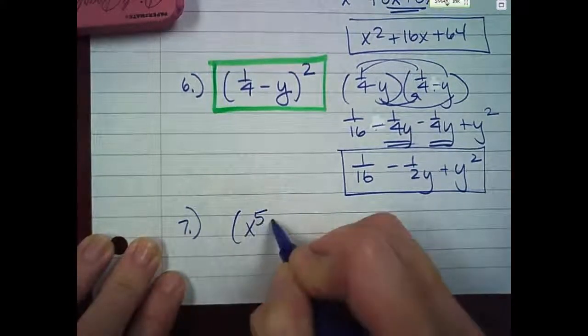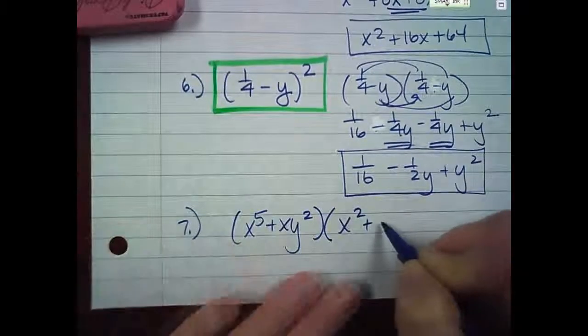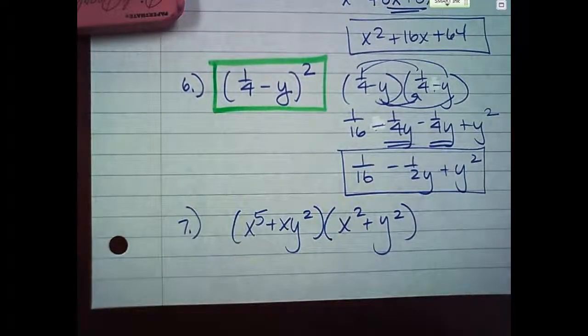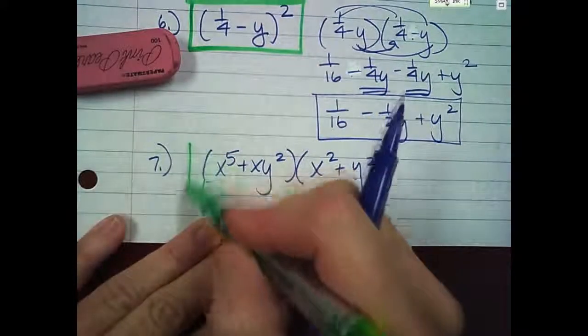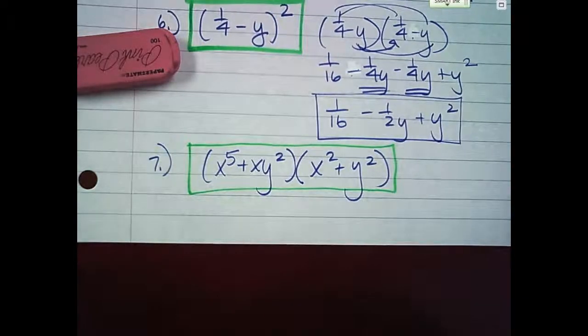X to the 5th plus xy squared times x squared plus y squared. FOIL, correct?